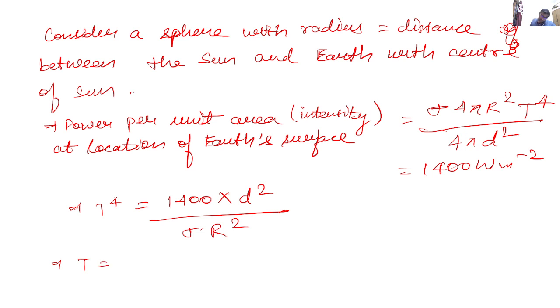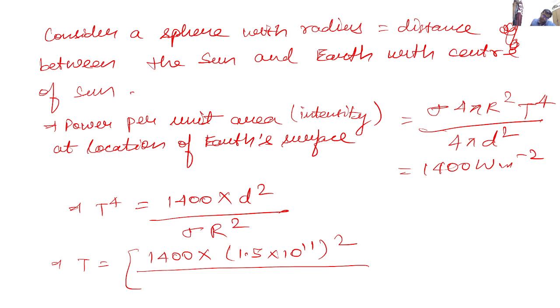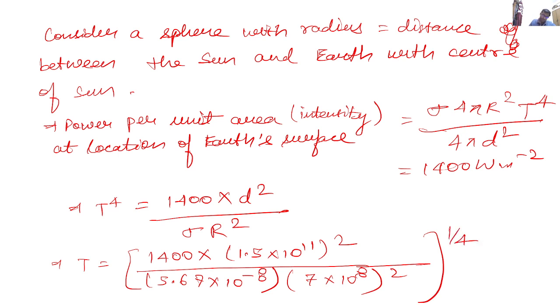This implies T is equal to 1400 into 1.5 into 10 power 11 whole square by 5.68 into 10 power minus 8 times 7 into 10 power 8 square, whole to the power 1 by 4, and it comes out to be 5801 Kelvin.